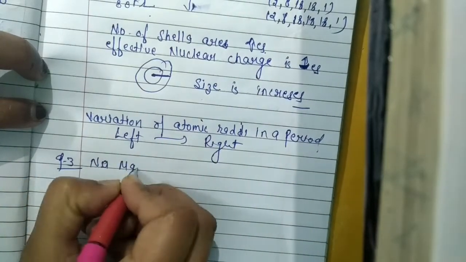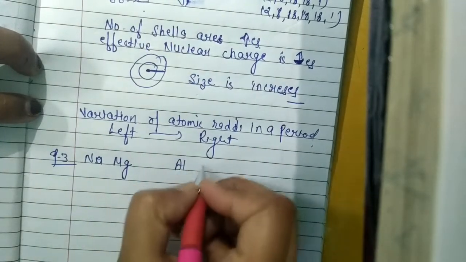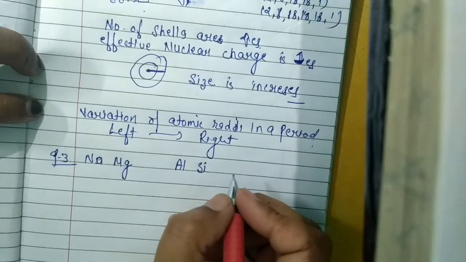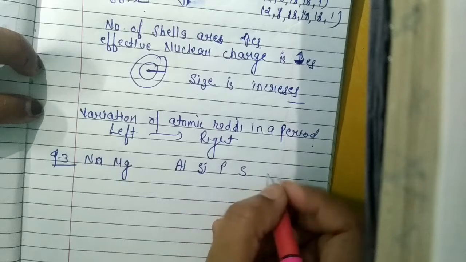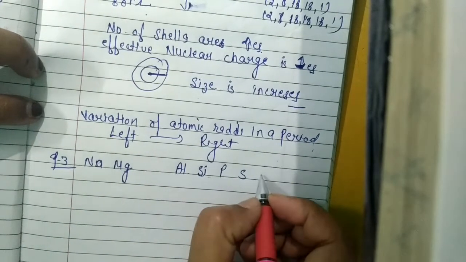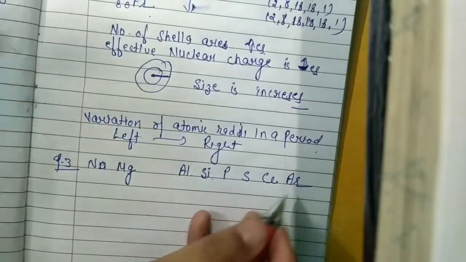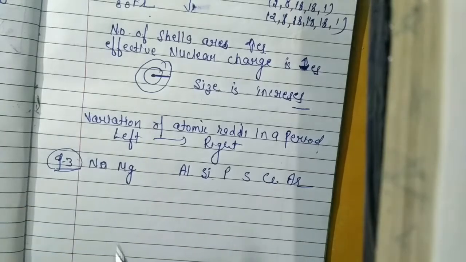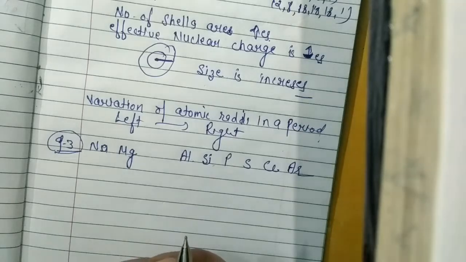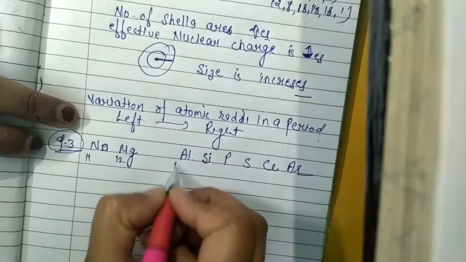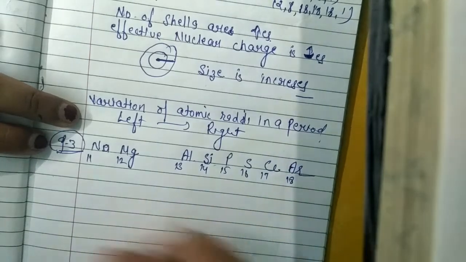Sodium, magnesium, aluminium, silicon, phosphorus, sulfur, chlorine, and argon. These are the elements present in the third period. Clear?